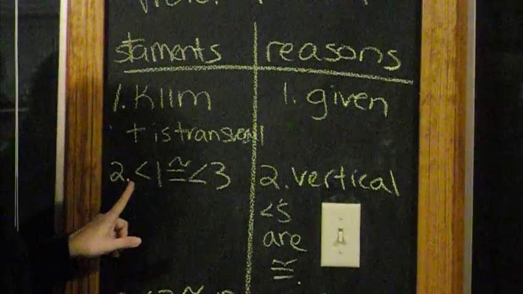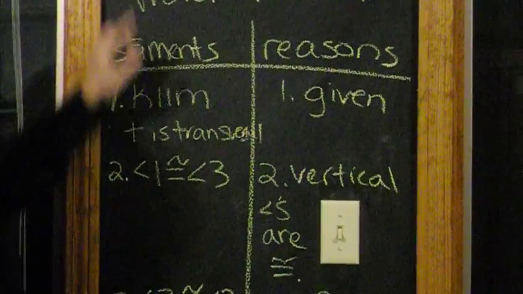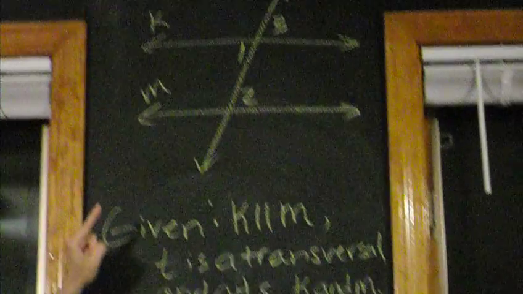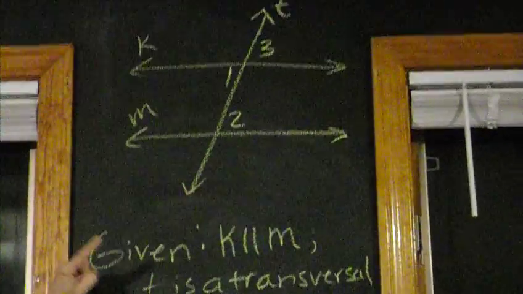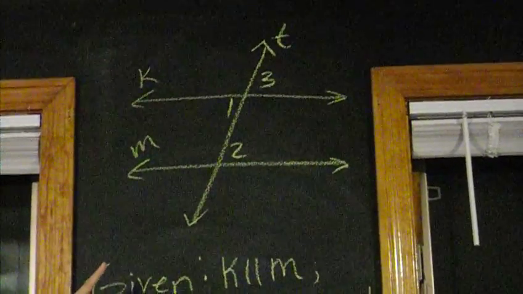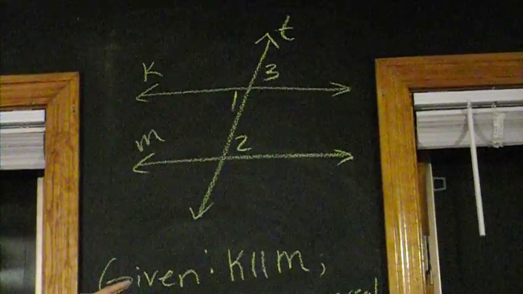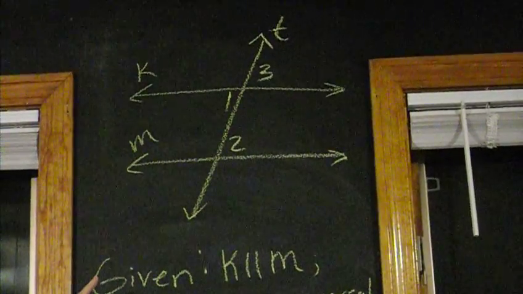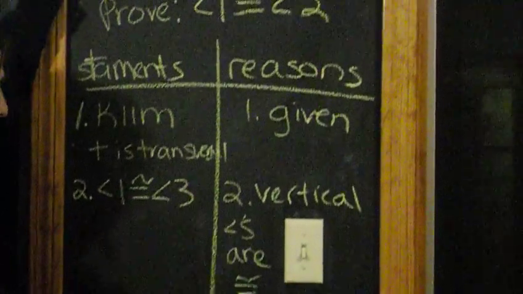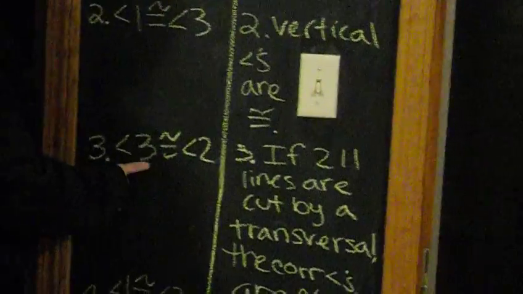Statement 2. 1 is congruent to 3. If you look at 1 and 3, you should see that they are vertical angles. The reason is vertical angles are congruent. Statement 3 says 3 is congruent to 2.